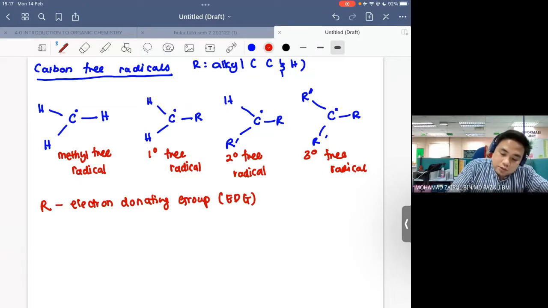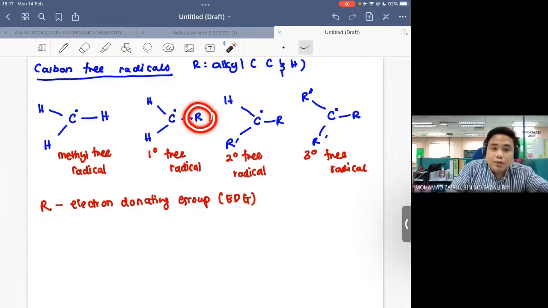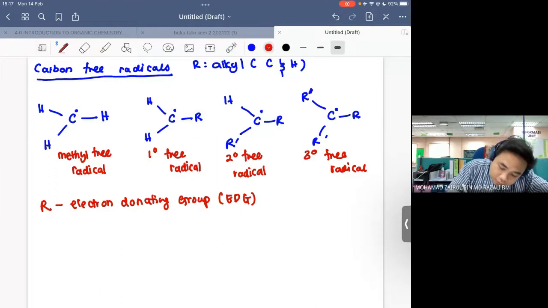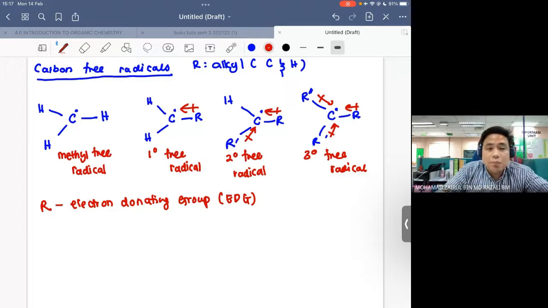So kalau kita tengok sini, since the alkyl group tu is a electron donating group, dia boleh donate dia punya elektron dekat carbon radical tu. Same goes with this. So the stability of the carbon free radical will increase.